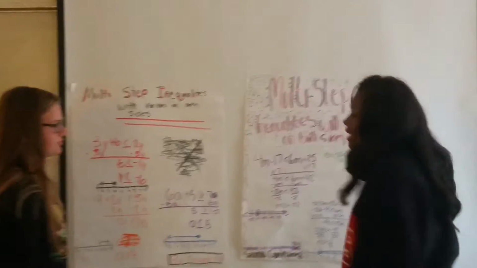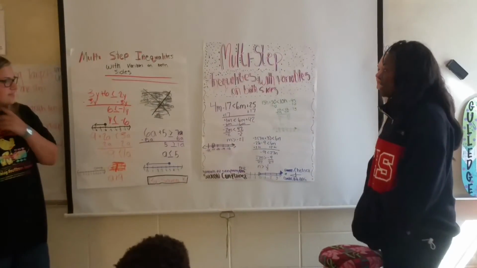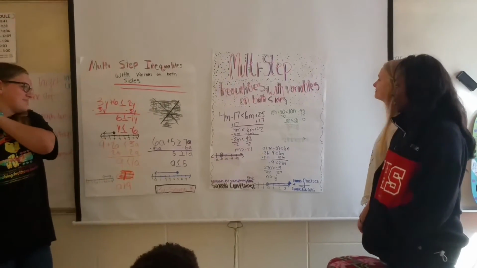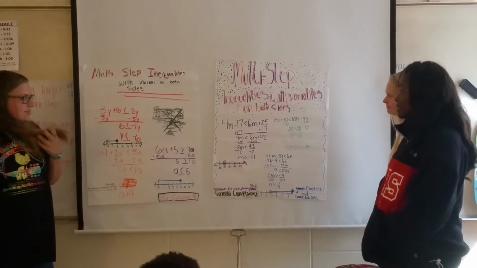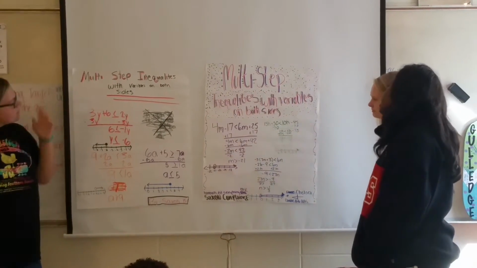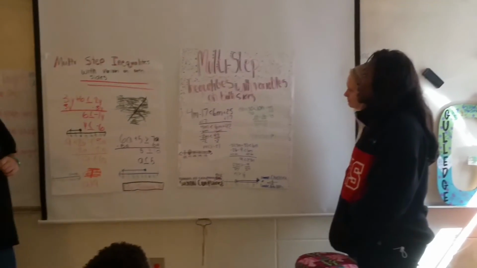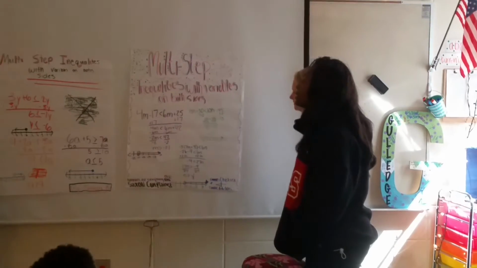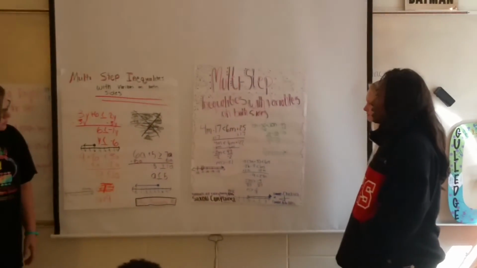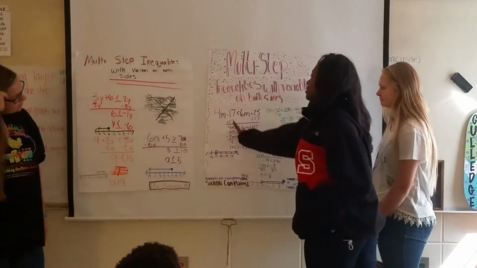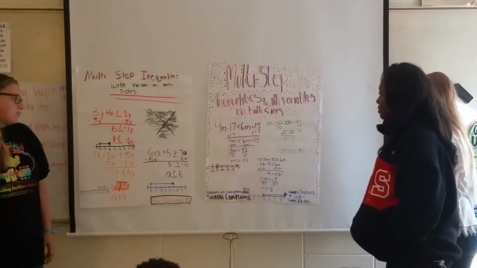Fantastic. Okay, so we have the same thing as now. The first problem is 4m minus 17 is less than or equal to 6m plus 5. You would move the 17 to both sides, and this cancels out, and this adds up to 42.